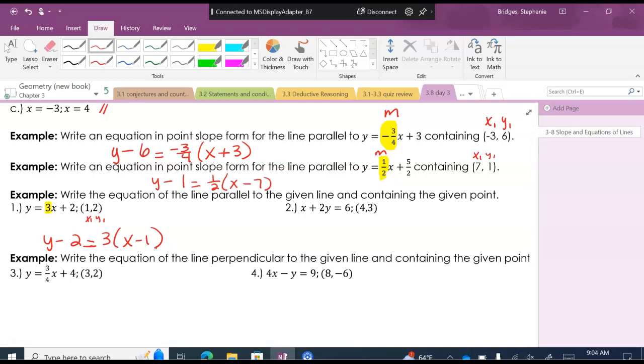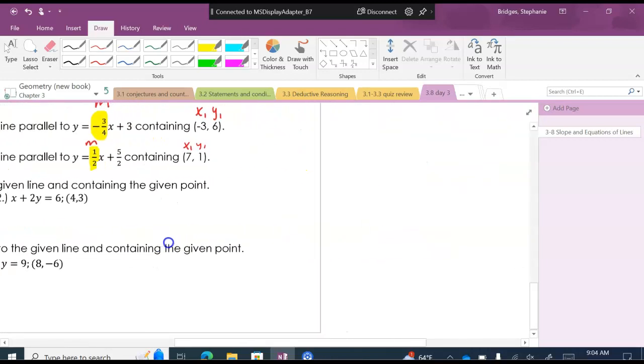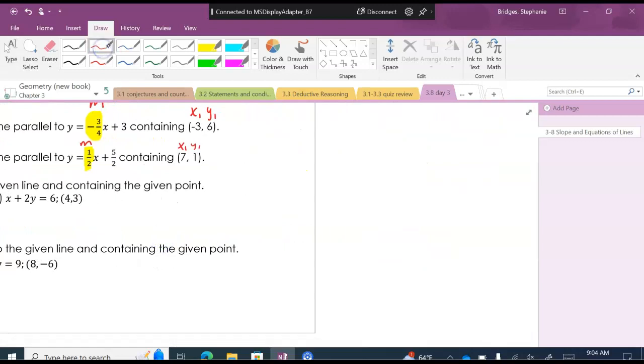Okay. What's wrong with the equation for number 2? It's not solved, right? I can't just pick out my slope in this equation. It says my equation is x plus 2y equals 6.